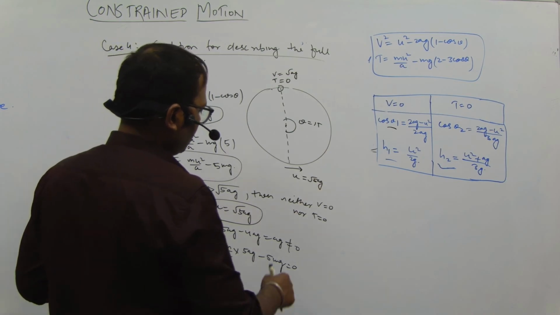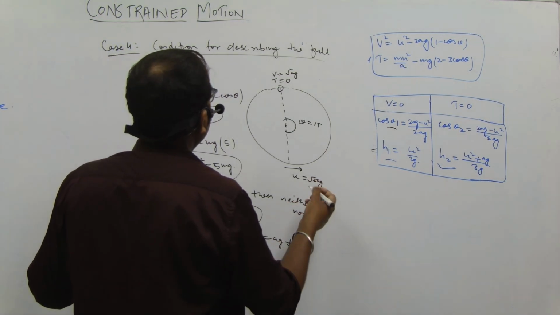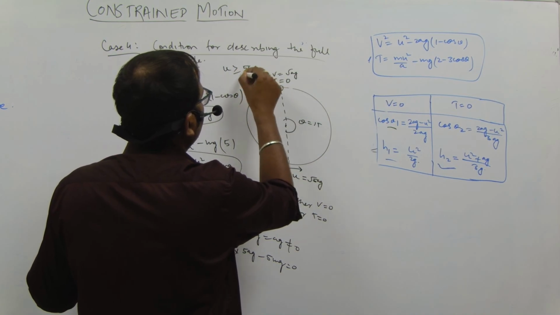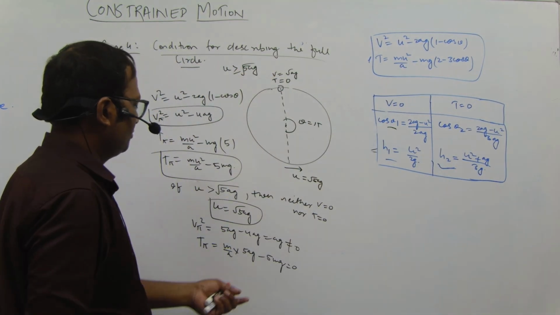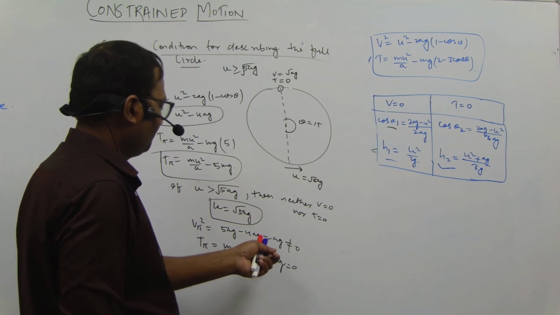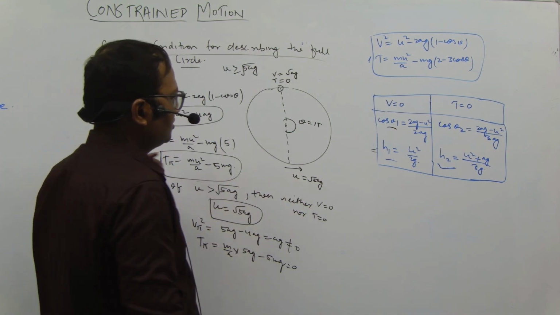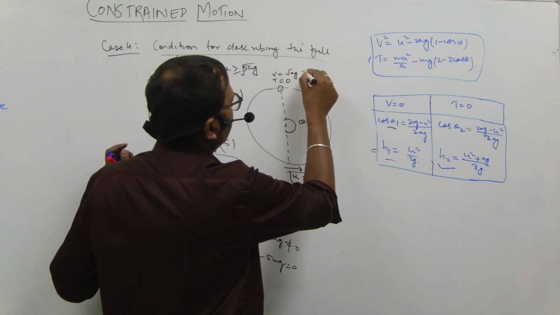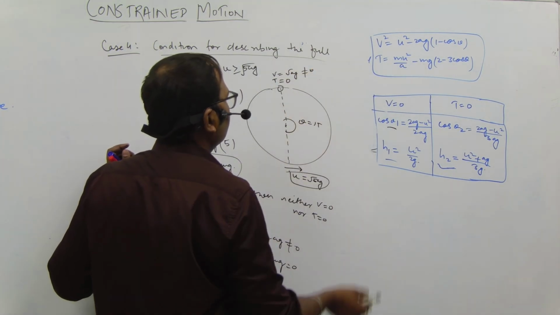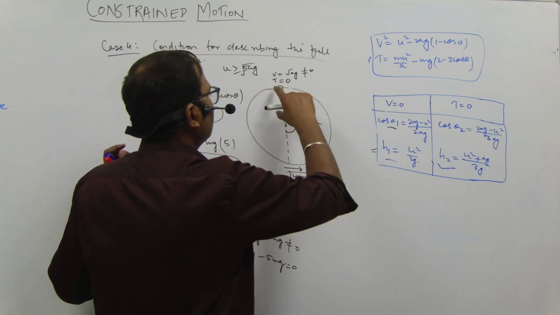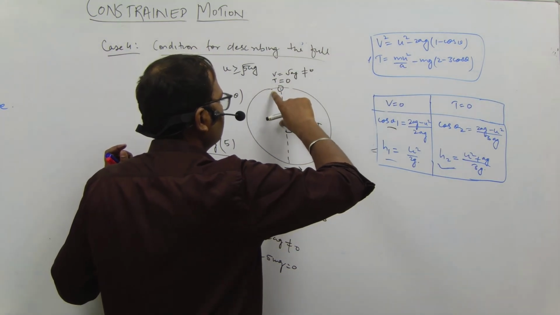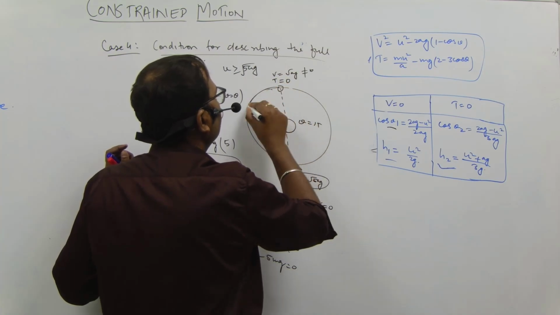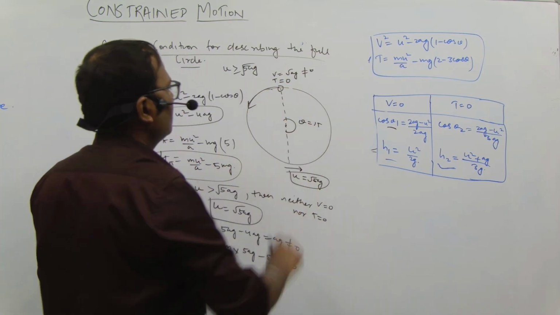So the condition for describing the complete circle is u greater than or equal to root under 5ag. Hence at this point the string gets momentarily slack, but since the velocity is not equal to 0, it will be able to describe the complete circle.